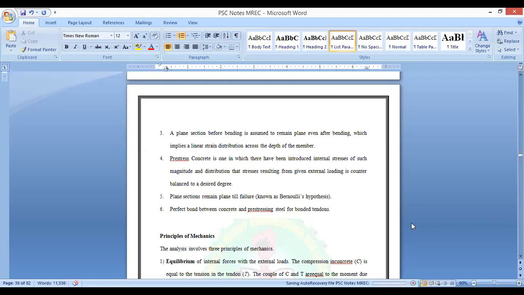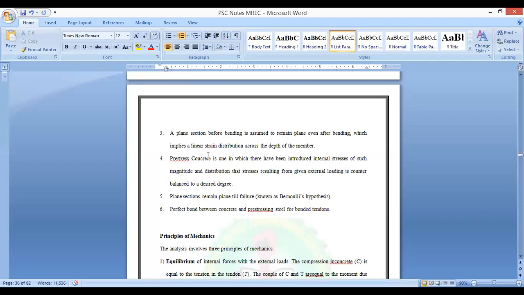Which implies what? It implies a linear strain distribution across the depth of the member. Before bending and after bending your section is plane, and that says that you have a linear strain distribution. What do you mean by linear strain distribution? Sorry guys, I can't draw it here, as it is a Word document, but I think you can understand.